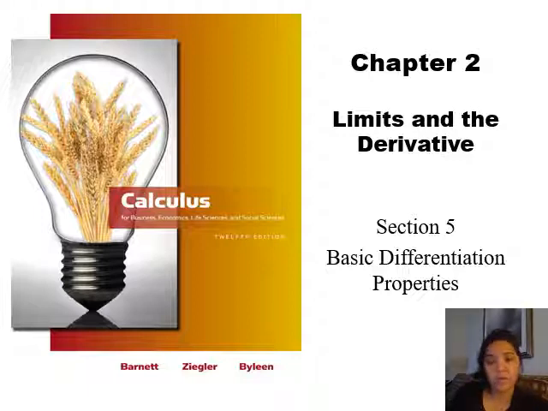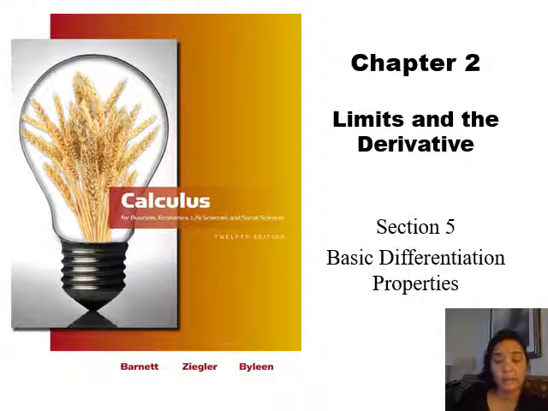We were introduced to the definition of derivatives in section 4, and we used that definition to find f prime of x for different functions. Now we're going to look at some patterns that happen, and it's going to really allow us to talk about the differentiation properties.